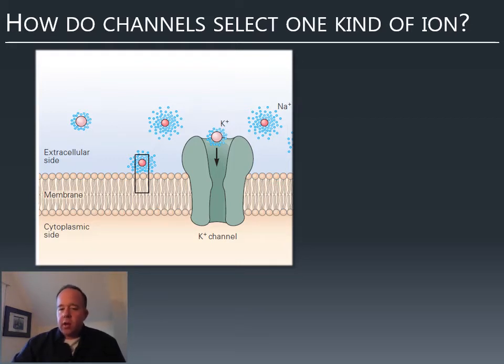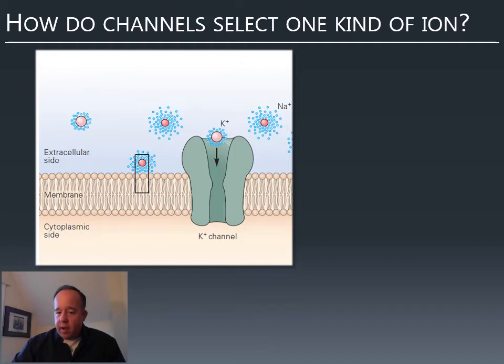Potassium isn't as good at pulling in water molecules. Its shell is smaller, it's kind of thin. So a potassium ion is effectively just smaller than a sodium ion is. So a potassium channel is a certain width, the hole is a certain width, and that hole is wide enough to let potassium ions with their surrounding waters through.